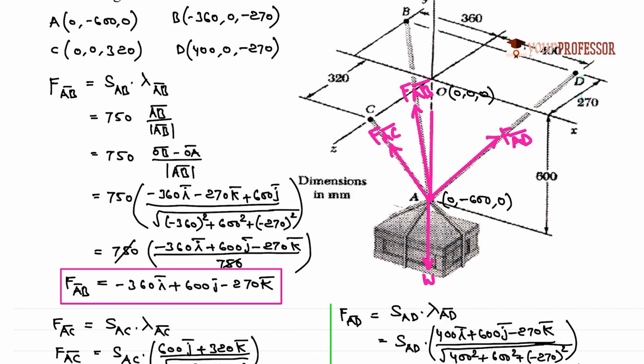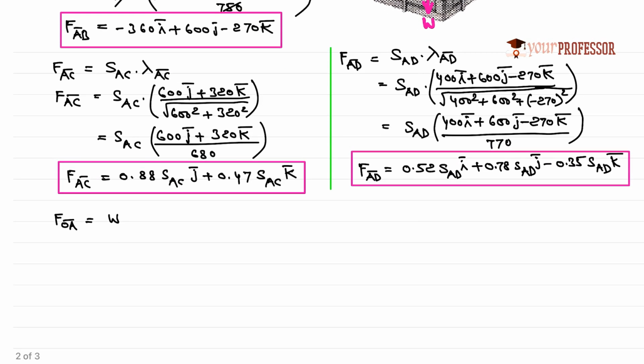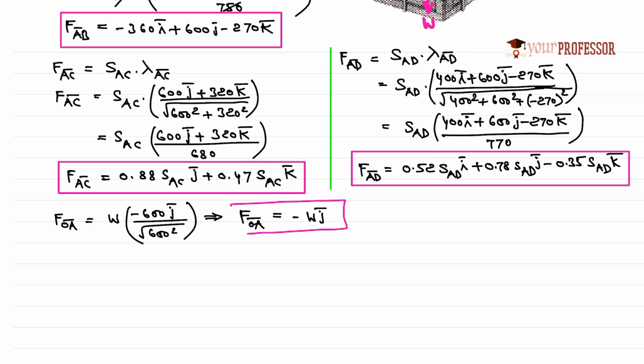So this will become 0 minus 0 I bar, minus 600 minus 0 J bar, 0 minus 0 K bar, nothing but minus 600 J bar. Minus 600 J bar divided by the magnitude, square root of 600 square, right? So FOA bar is equal to minus W J bar. Let's highlight this one also.